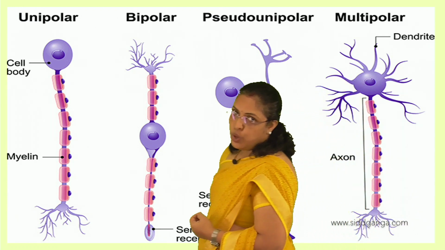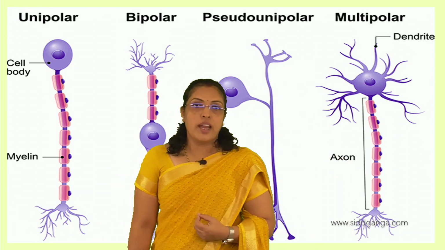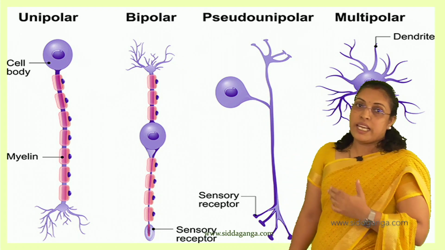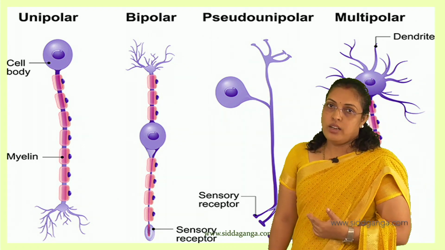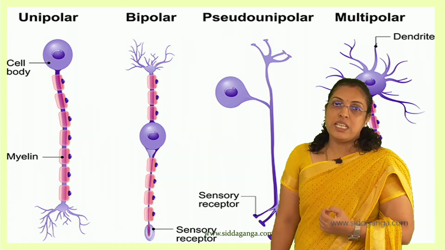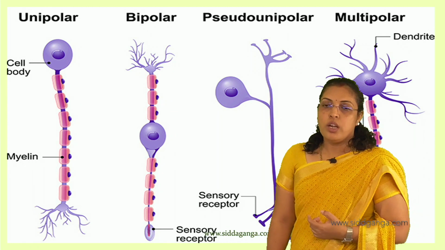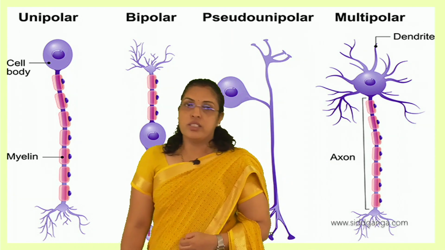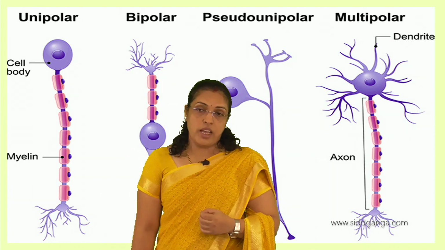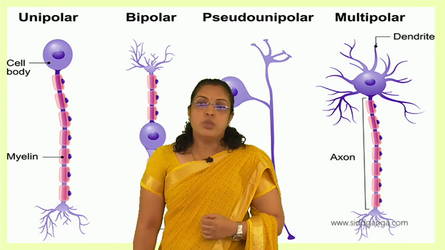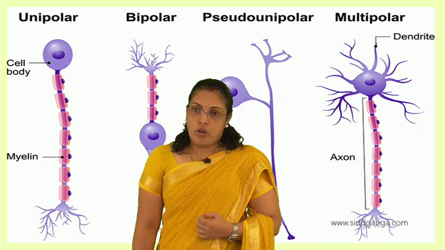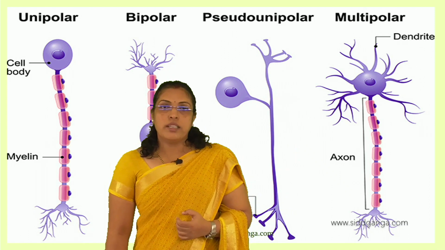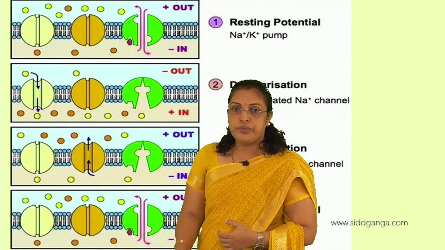In pseudo-unipolar, one process arises from the cell body, and that single process again branches into different branches. In multipolar we have many processes arising from the cell body. The smaller processes are called dendrites, and the one long process is called the axon. These are the types of neuron.